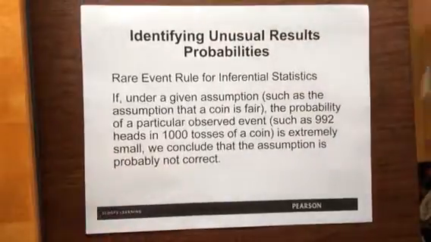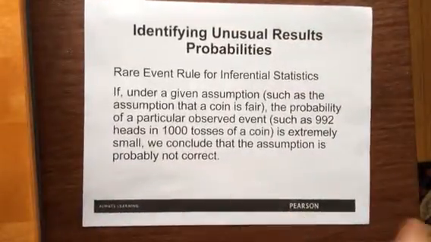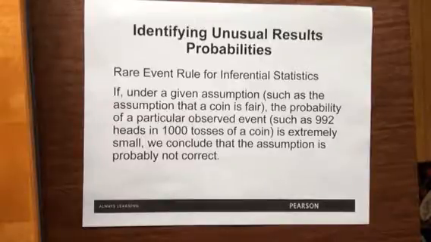And finally, we have a rare event rule for inferential statistics that says if under a given assumption, such that a coin is fair or a die is fair, the probability of a particular observed event is extremely small, then we'll conclude that the assumption is probably not correct.